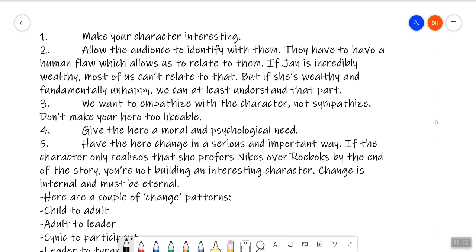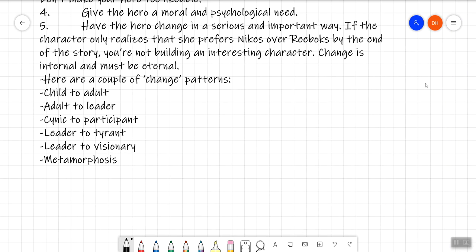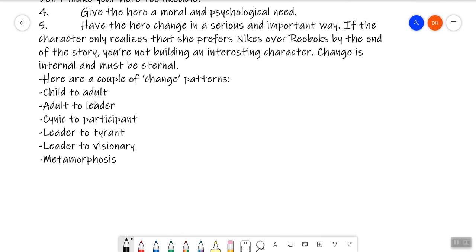Okay, so if we're thinking about change, here are a couple change patterns to think about for your character. That can maybe just help you think about some of the fundamentals, some of the important types of change. So we can go from child to adult. Now, I don't mean the story has to cover the point from when she's 10 until 30.